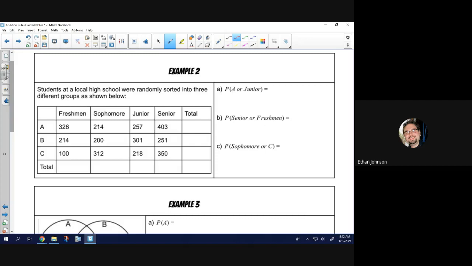So take a moment and find the total for groups A, B, C, our freshmen, sophomores, juniors, and seniors, and our grand total. Okay, I have my totals in.